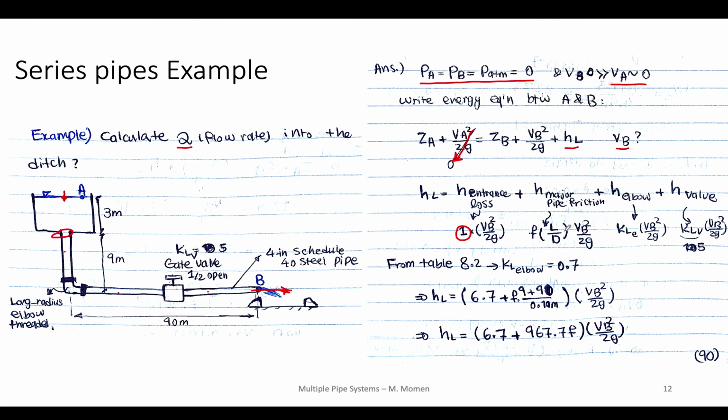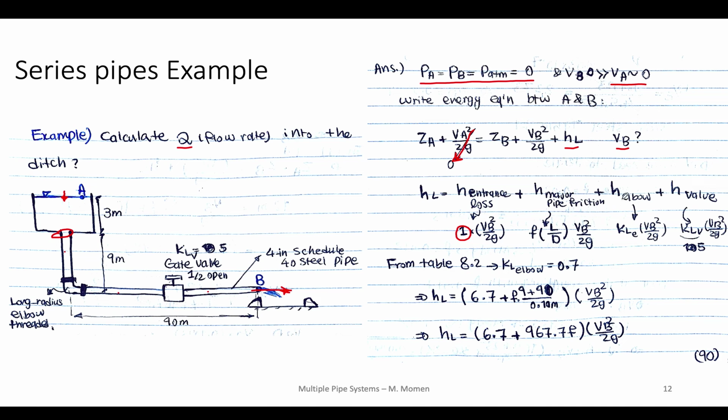I can just write VB, and D is also the same, and I just need to calculate the total length of the pipes to find the major friction head loss in the system.